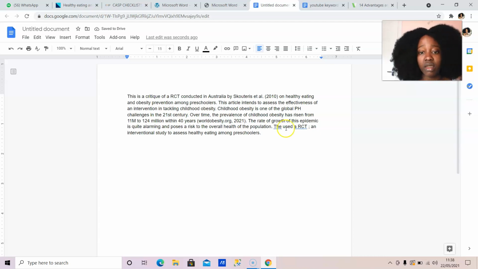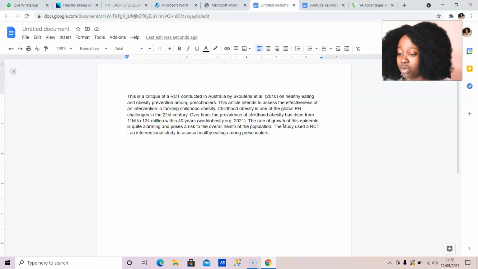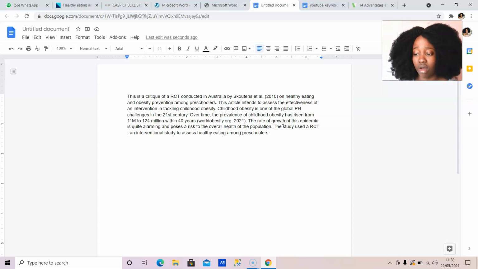So that's what the study has done, right? That said, let me now bring out my talking point: to assess LD eating among this. This implies that this study is trying to check for effectiveness, right? Which is quite appropriate.